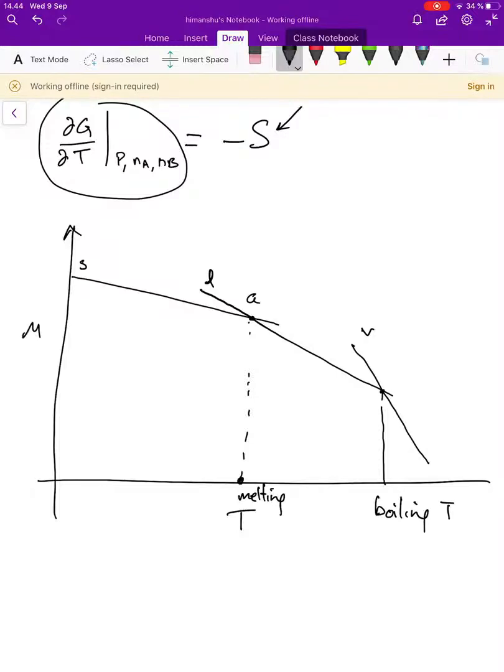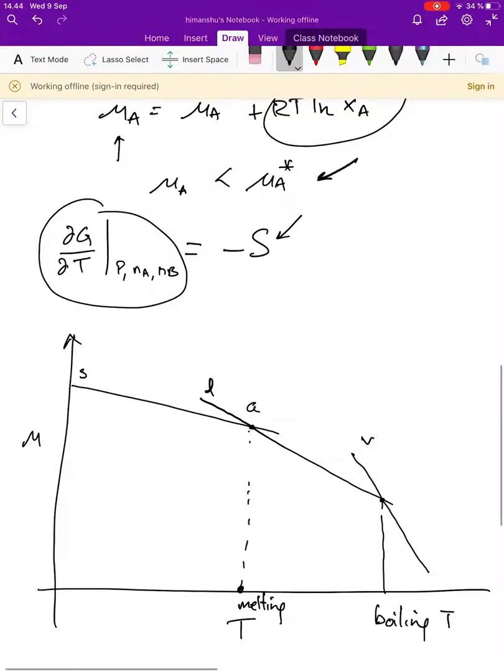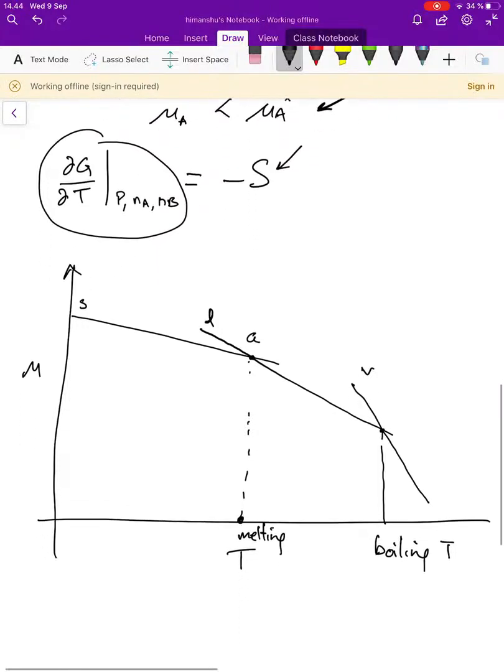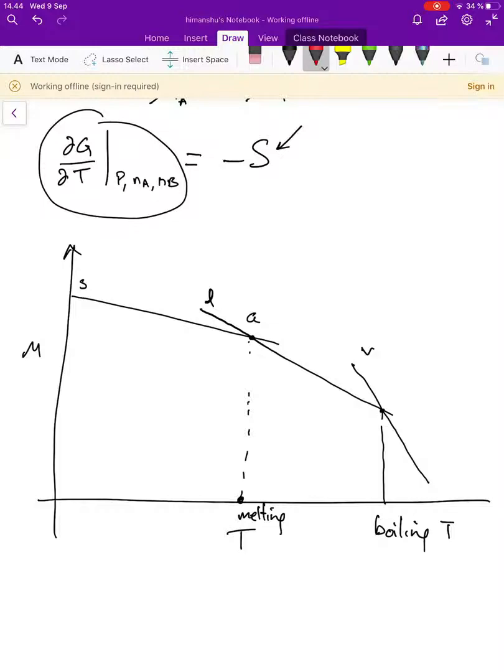So this is for a pure system. When you start heating a pure solid, you can find the melting temperature and the boiling temperature. Now we add a solute to this solvent, and then the chemical potential of the liquid is lowered by some quantity. So we will plot it like this.